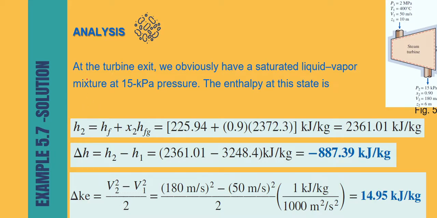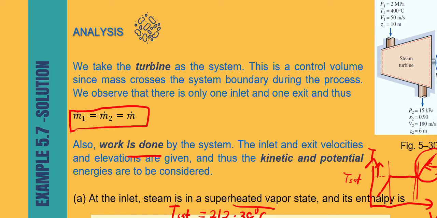For H at state 2, you need to know the state of your steam in state 2. In state 1, it is superheated vapor, because the T here is greater than the saturation temperature. Now what is your steam state in state number 2?